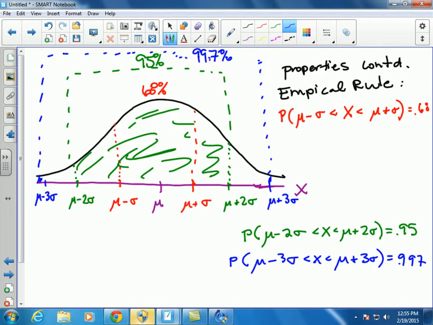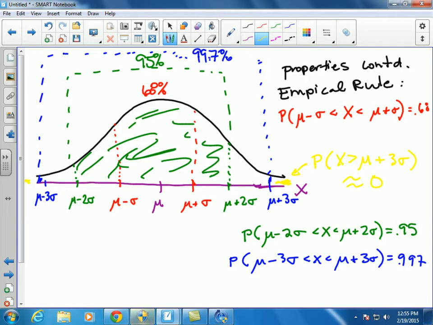And so what that means is that the probability out here in the tails, where I'm coloring in yellow, the probability of being bigger than the mean plus 3 standard deviations, is really almost equal to 0.